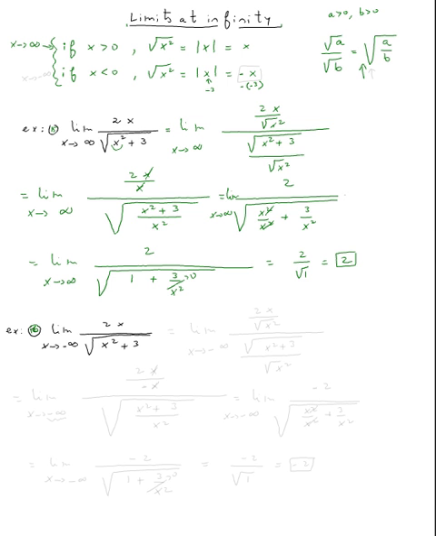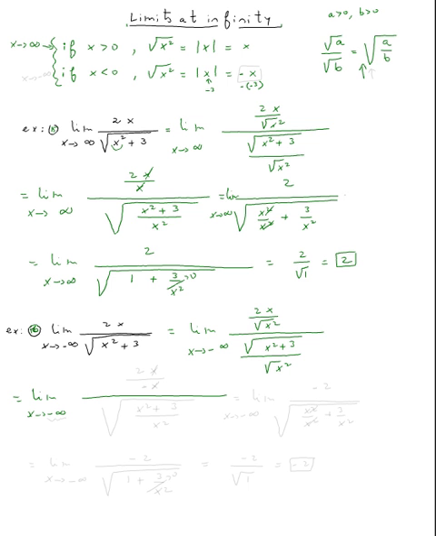And that's the answer. Now let's do example 16, and you'll see the difference between 15 and 16, when x approaches negative infinity. So everything will be the same. This is going to be equal to the limit of 2x over the square root of x squared, over the square root of x squared plus 3 over the square root of x squared. So we divide by the square root of x squared on both sides. Then we say limit as x approaches negative infinity.